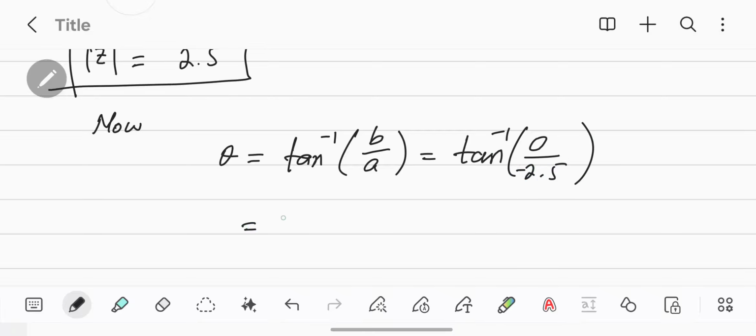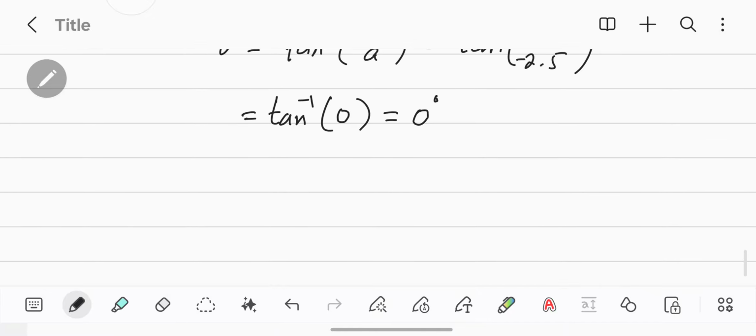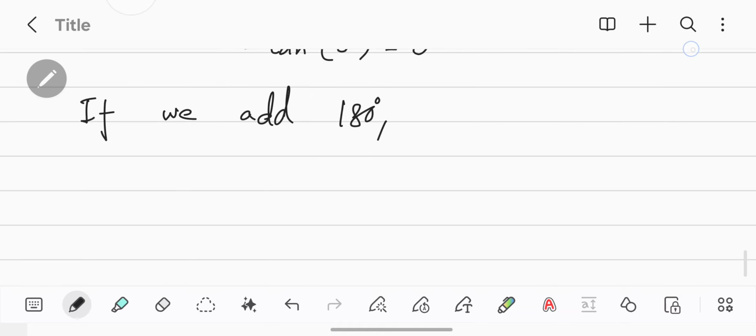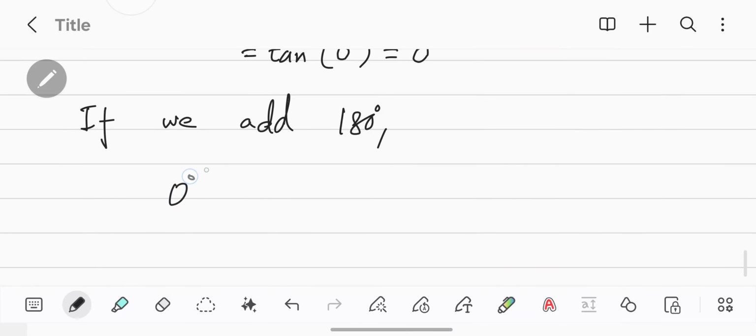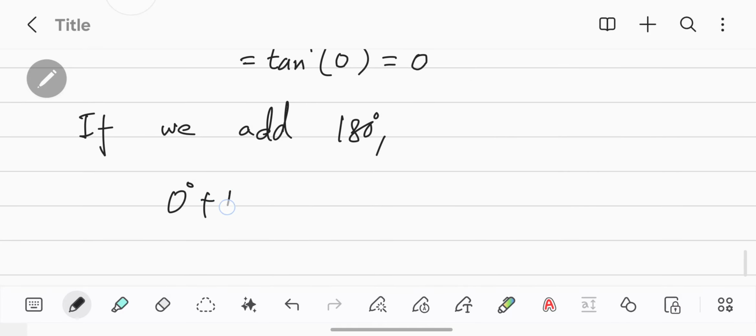So 0 by something is 0. So tangent inverse of 0 is 0 degrees. Now since the period of tangent is 180 degrees, if I add 180 degrees to this angle, we will get 0 degrees plus 180 degrees, which is 180 degrees.